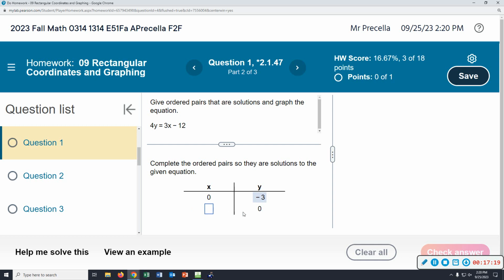What is this second row telling us to do? Look at that second row. Okay, they're saying put 0 in for y, and they want us to find x.